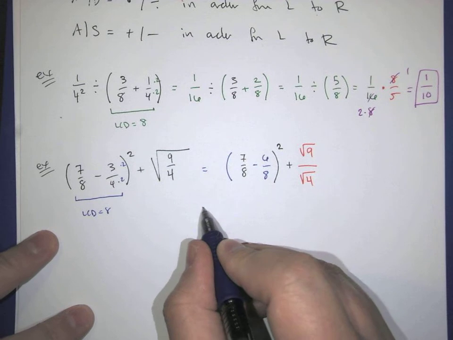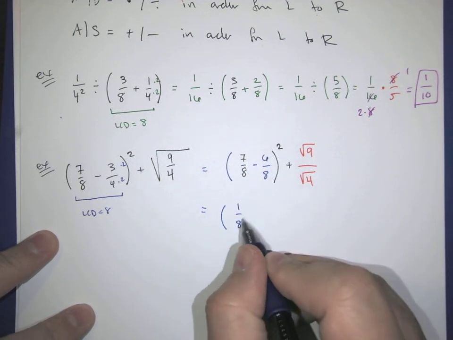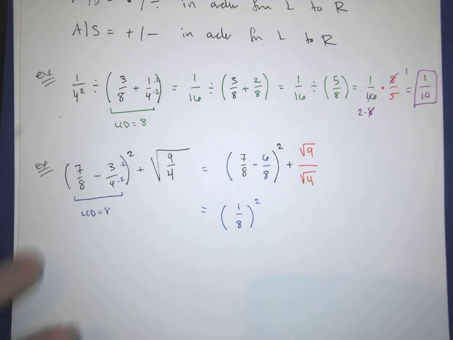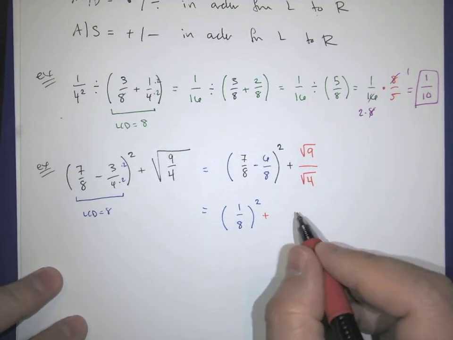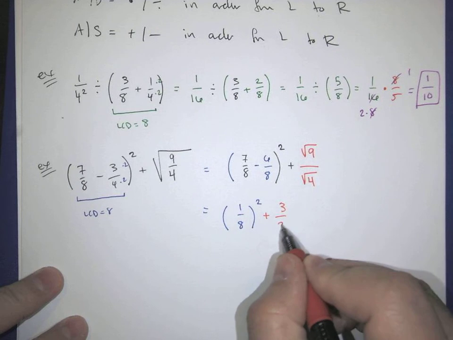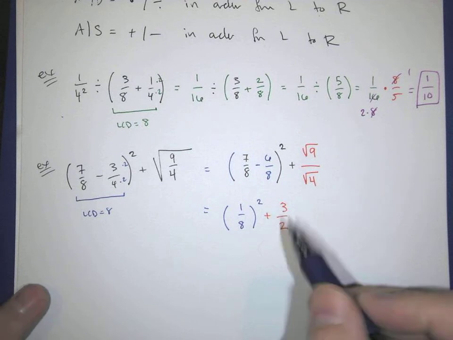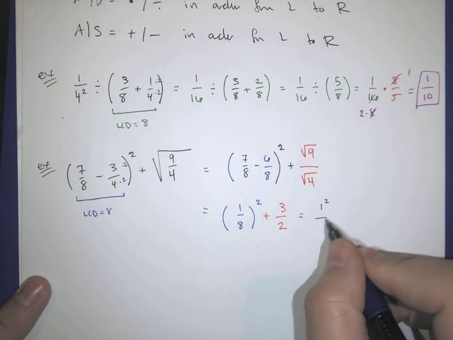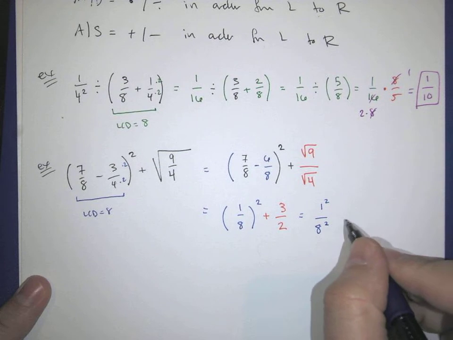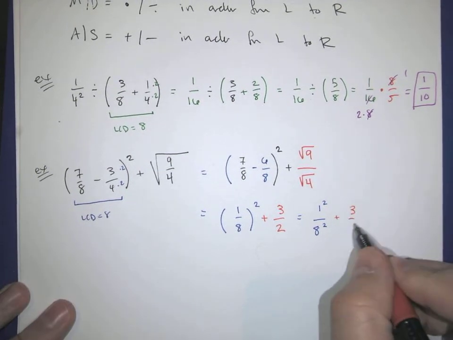So what's this going to leave us with? Well, 7/8 minus 6/8, that's going to leave us 1/8. That whole thing is going to be squared. Plus, root of 9 over root of 4, that's going to be 3/2. Root of 9 is 3, root of 4 is 2. 1/8 squared is going to be 1 squared over 8 squared, plus 3/2.